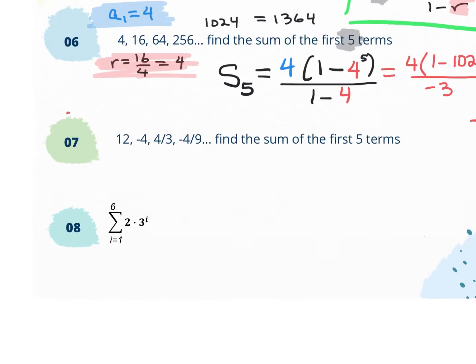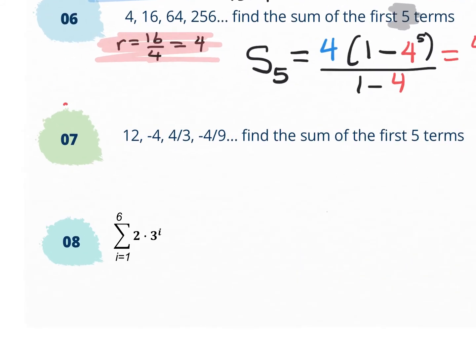So for number 7, my a sub 1 is 12. My common ratio I can find by dividing. Now again, pick any 2 that you want. So I'm just going to pick the first 2. So negative 4 divided by 12. My common ratio is negative 1/3.